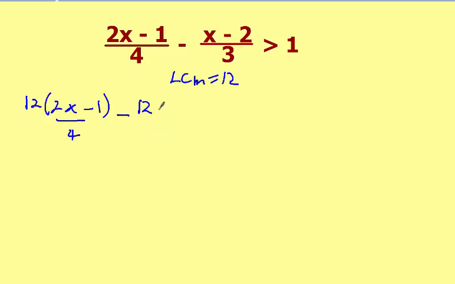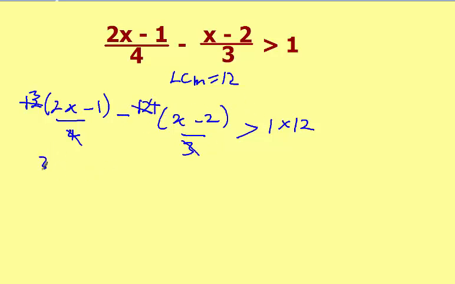So 12 bracket x minus 2 over 3 greater than 1 times 12. This 4 cancels this to give us 3. This will also cancel this to give us 4.